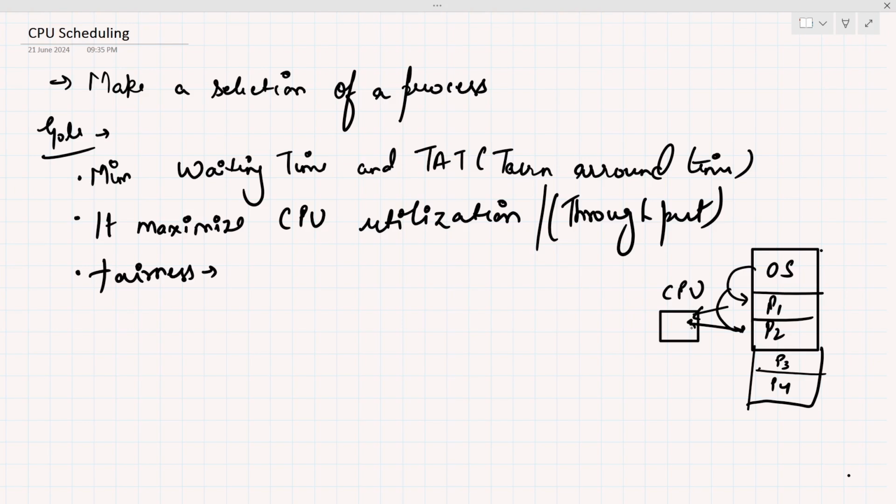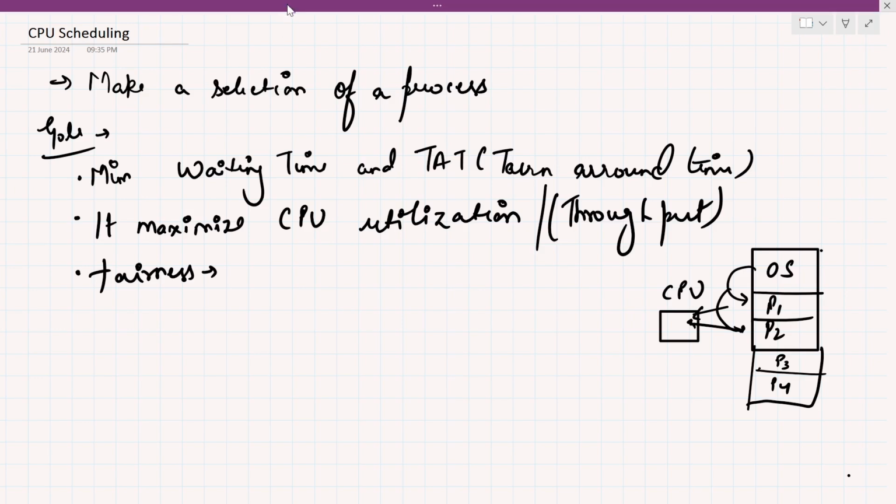So the CPU scheduler gives a chance to every process. What happens if one big process acquires the CPU? The small processes will not get a chance. This is not going to happen in CPU scheduling. Every process gets a fair chance to get the CPU.